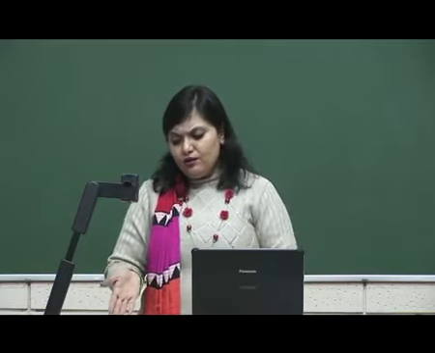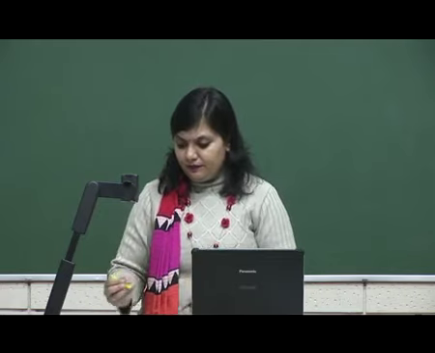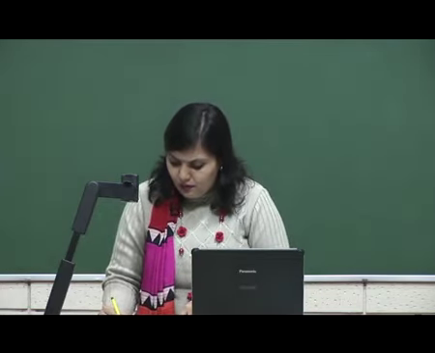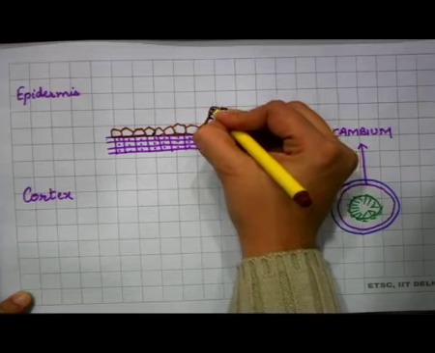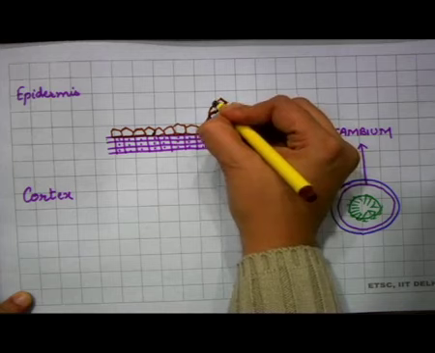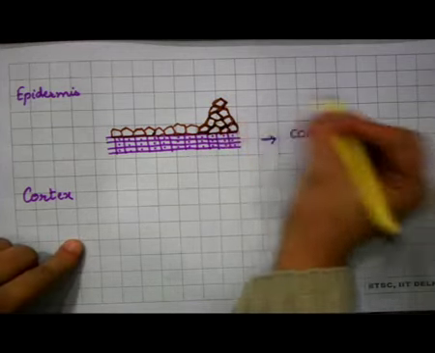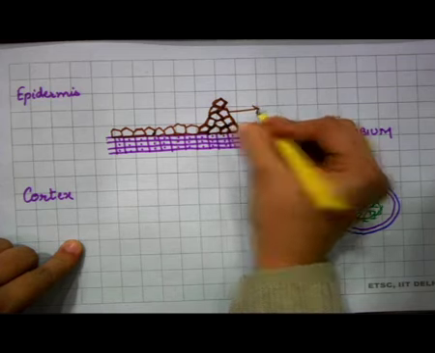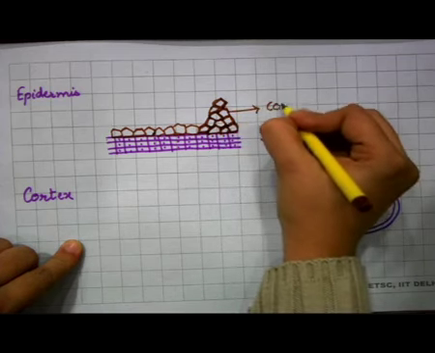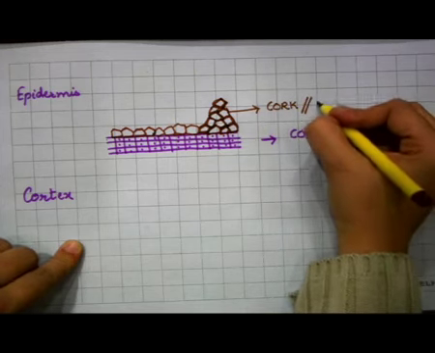So, it is better that you always try to use different colors or different ways to label your diagram while you are making it. So, I will draw a few cells here only in order to save some time. This is how the cork cells would look like. They are colored, they are thick walled and they are suberized and dead also.